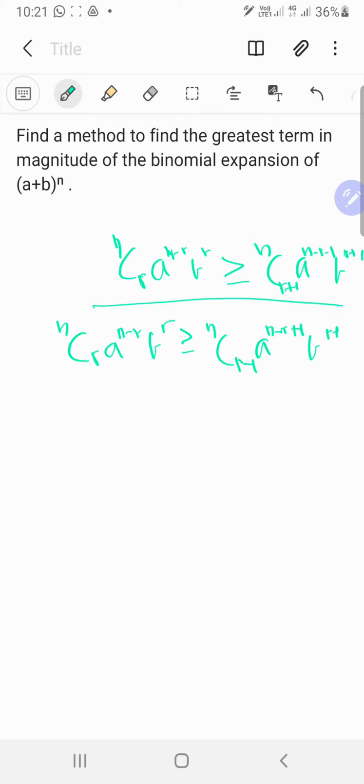So let's look at the first one. That's going to give me a^1 upon b bigger than or equal to n choose r+1 upon n choose r.